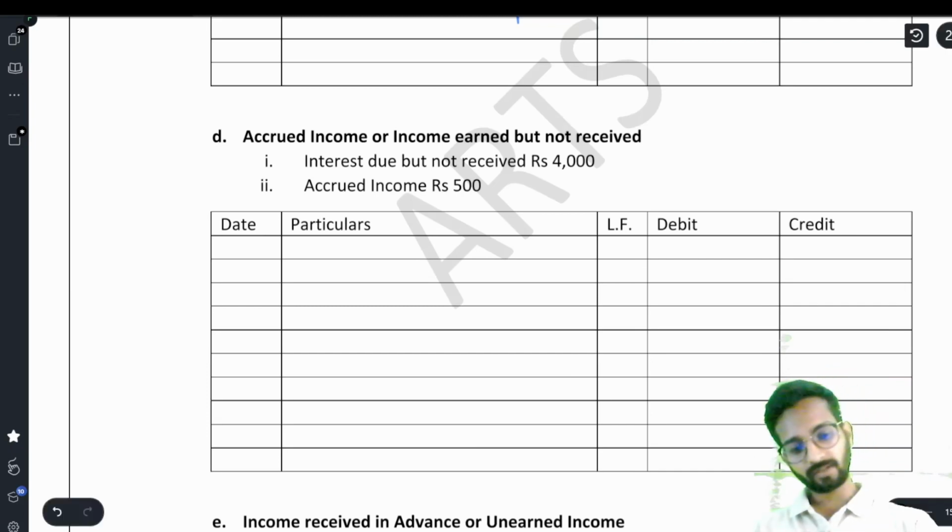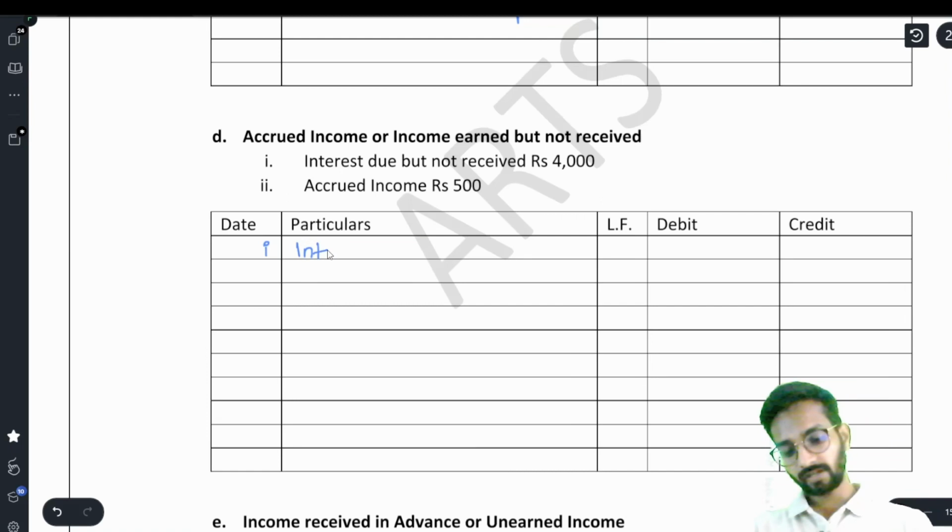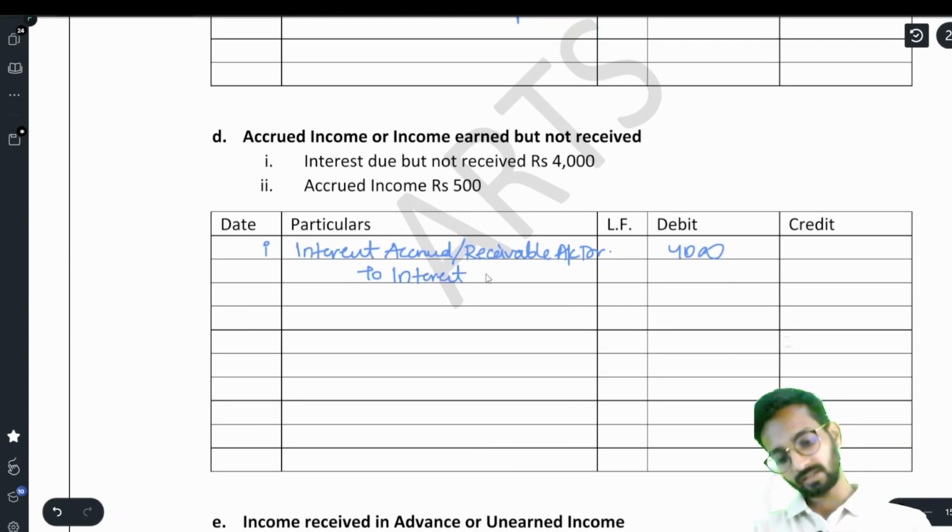So I will write interest due but not received. It means it is already due. He should pay me the money, but he has not paid. I have not received it. So I will write interest accrued, or you can say interest is receivable by me. I must receive the money. Interest receivable account debit to interest income, 4,000.